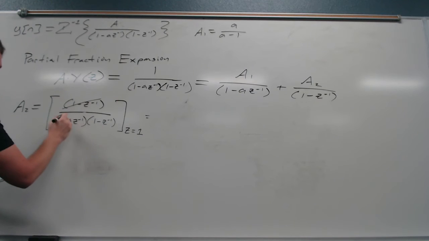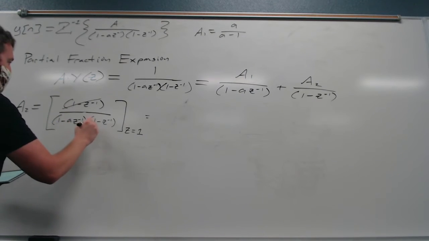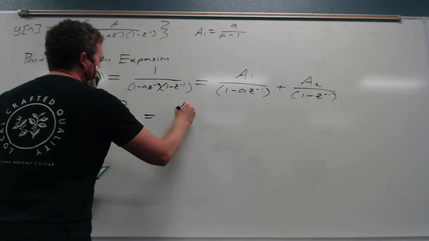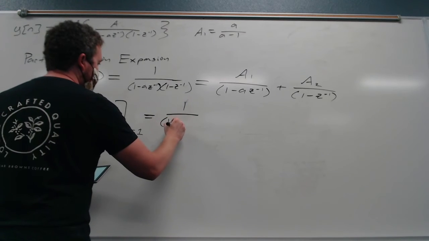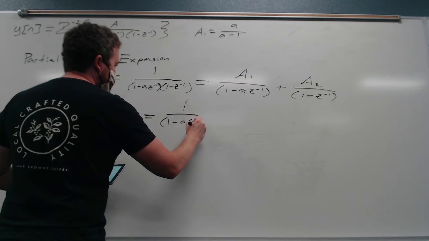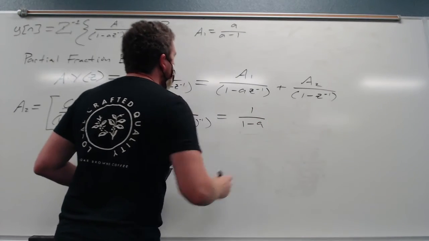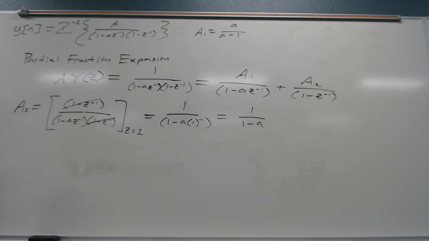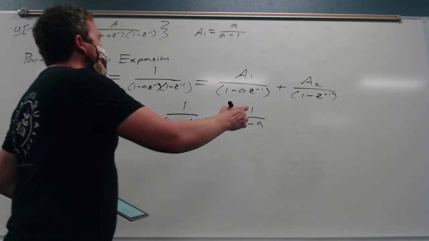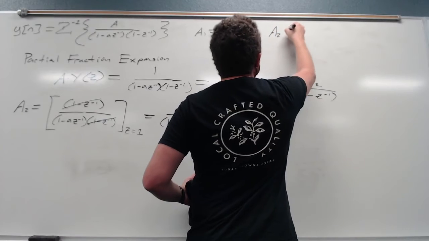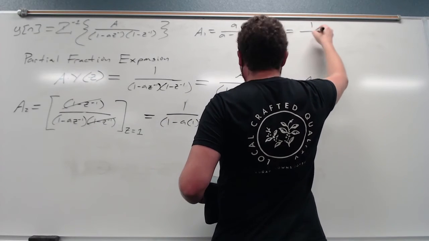That's what I get for rushing. That one. So that'll be 1 over 1 minus a times 1 to the negative 1, which is going to be 1 over 1 minus a. Cool. All right, so a2 is equal to 1 over 1 minus a.